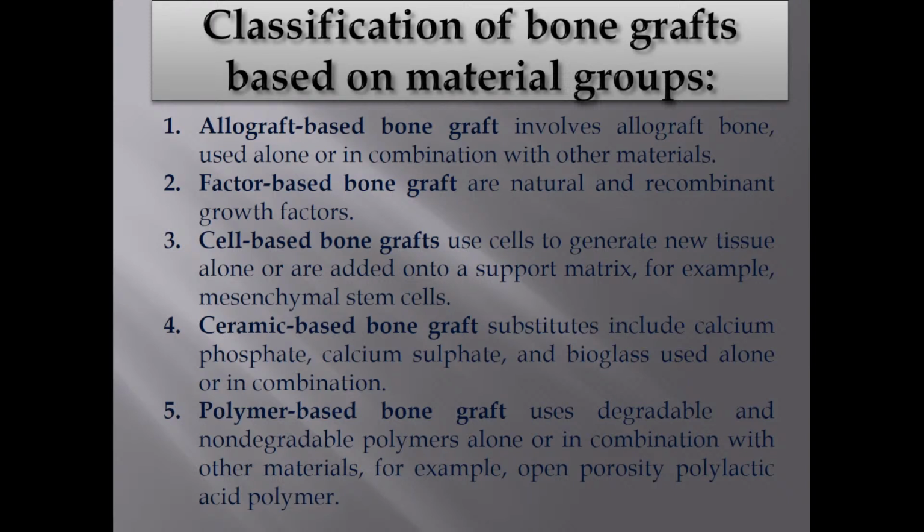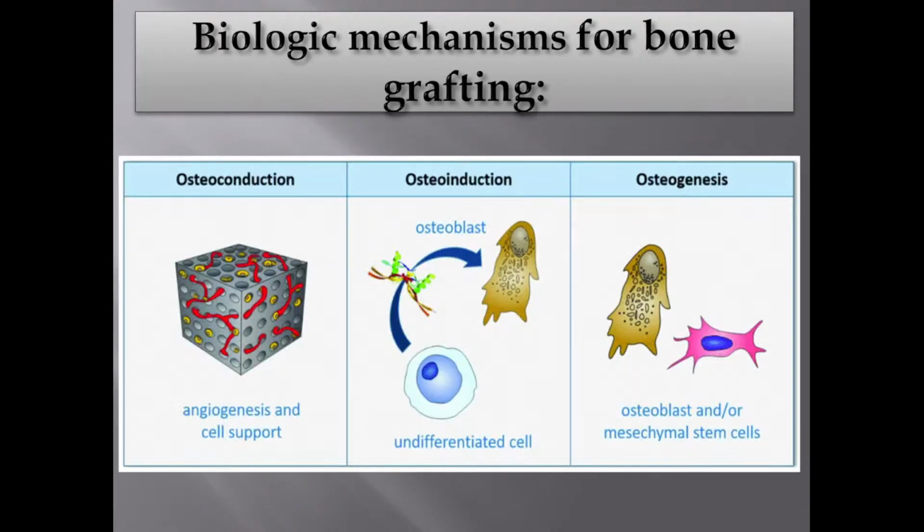Polymer-based bone graft uses degradable and non-degradable polymers alone or in combination with other materials, for example, open porosity polylactic acid polymer. And a little bit about all of these bone grafts.